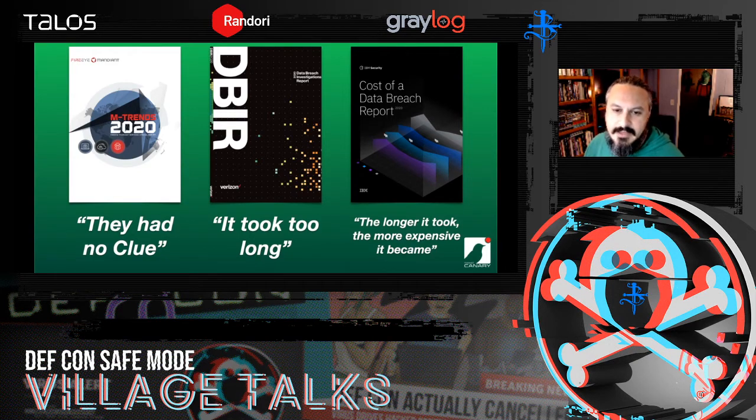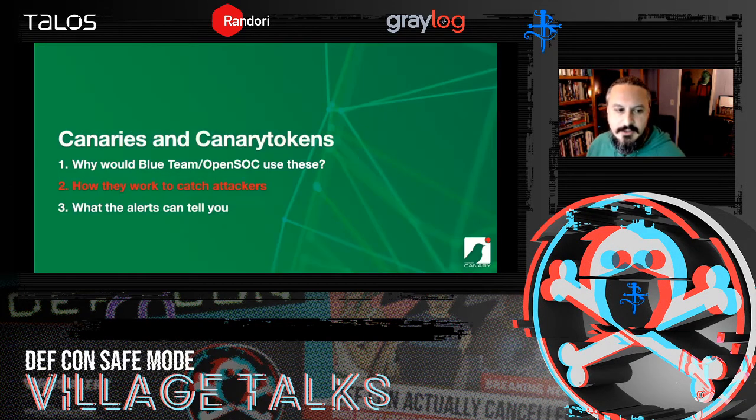That's a problem we set out to solve: what if we could get that dwell time down to minutes, to when you at least know that there's something suspicious going on inside the environment? So the attacker's already in the environment and doing suspicious things, and that's what we alert on. That's important context to understand.